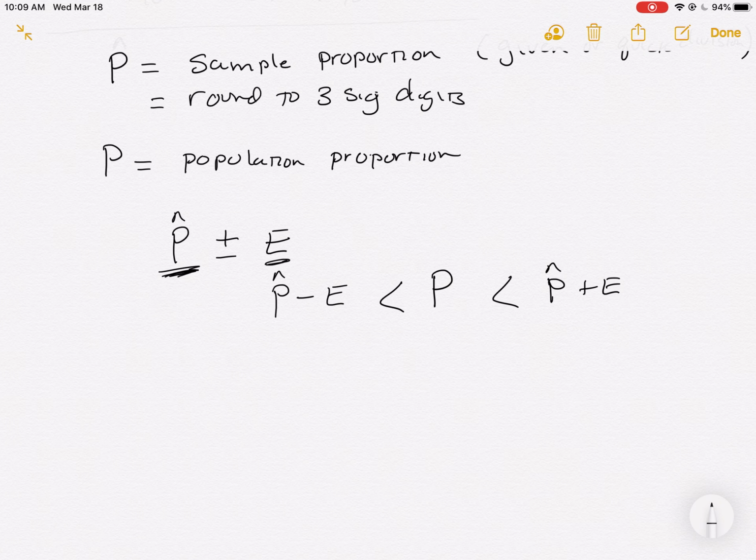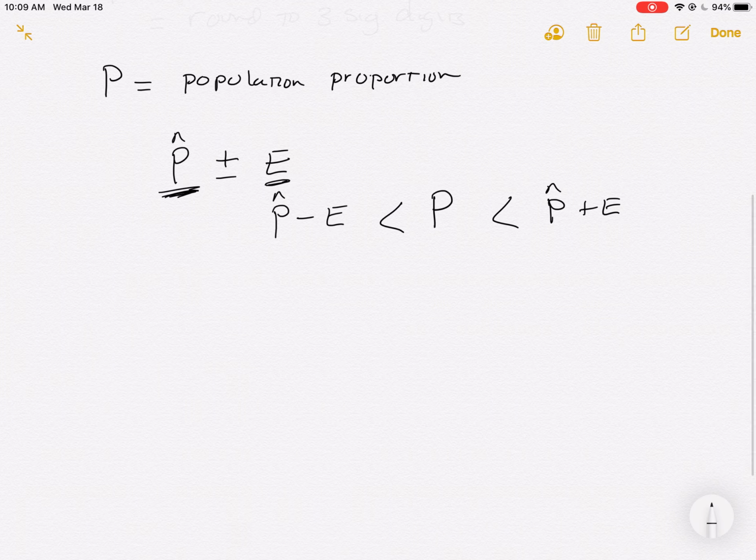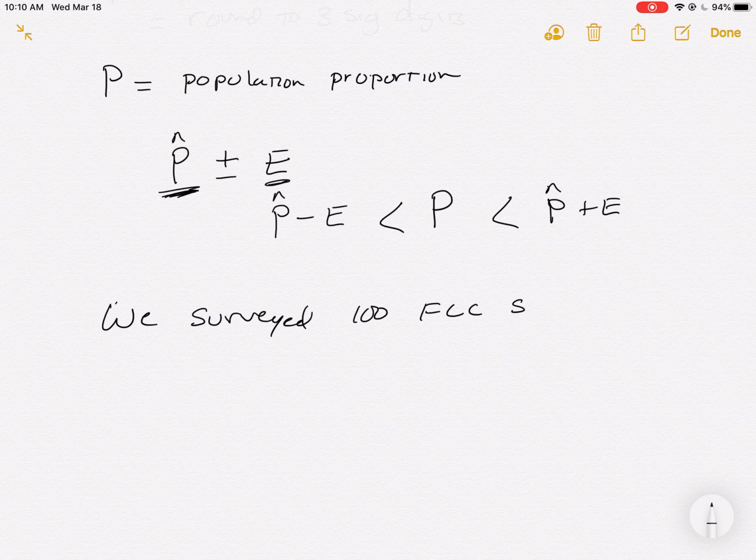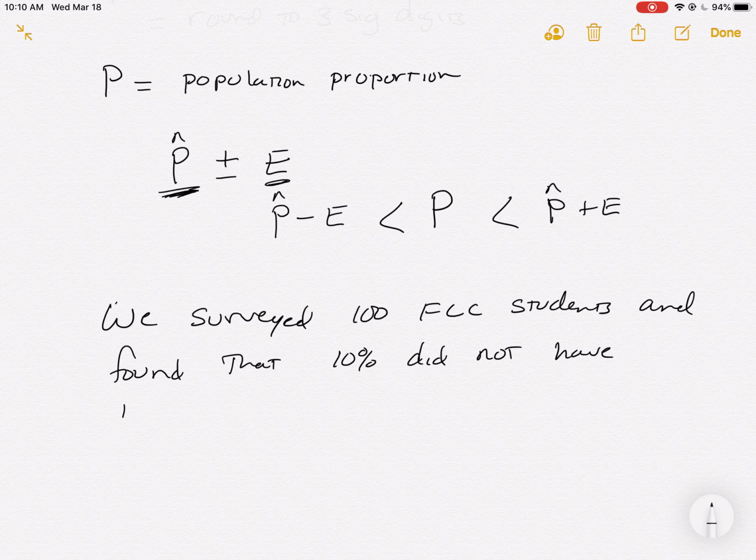And so what's going to happen is they're going to have some problems, and you'll notice that P hat's given. So maybe it will say something like this. We surveyed 100 Folsom Lake College students and found that 10% did not have internet access at home, right, for various reasons.